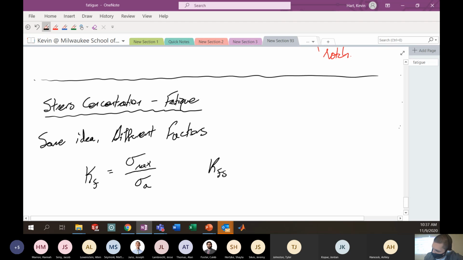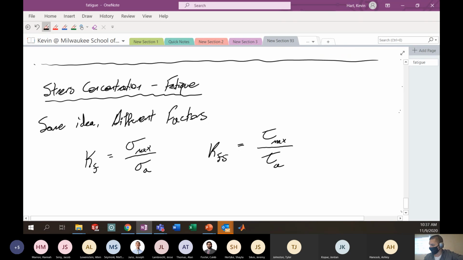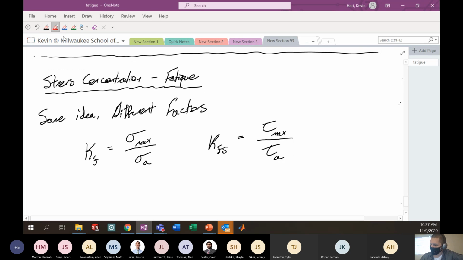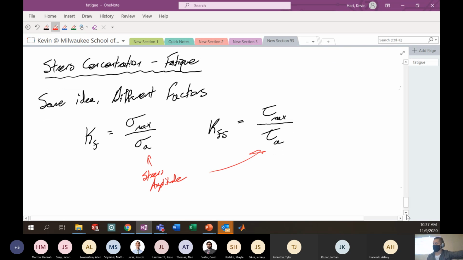Similar idea in shear. This is KFS. This is going to be the maximum shear that we experience in fatigue divided by the shear stress amplitude, tau A. Stress amplitude here is a normal stress, and here we have a shear stress amplitude.